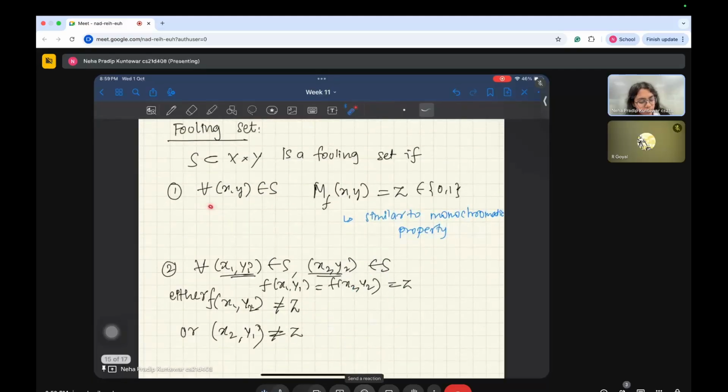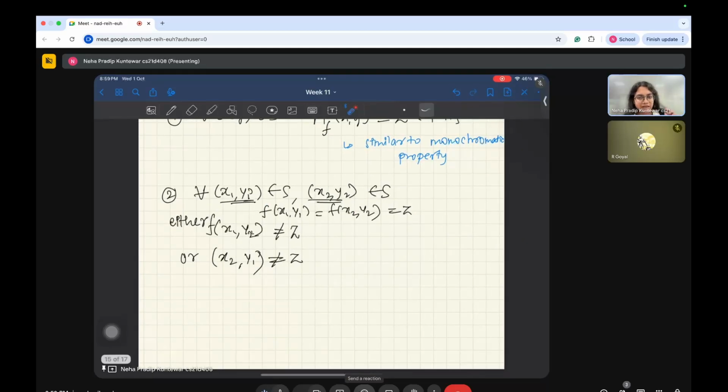The fooling set is similar because they all evaluate to the same value, but it slightly differs in the second property, where it says that either this or this should not be in the set. That's what we are saying indirectly, right? Yes. So basically this is equivalent to saying that either x2 y1 or x1 y2 is not in the set.